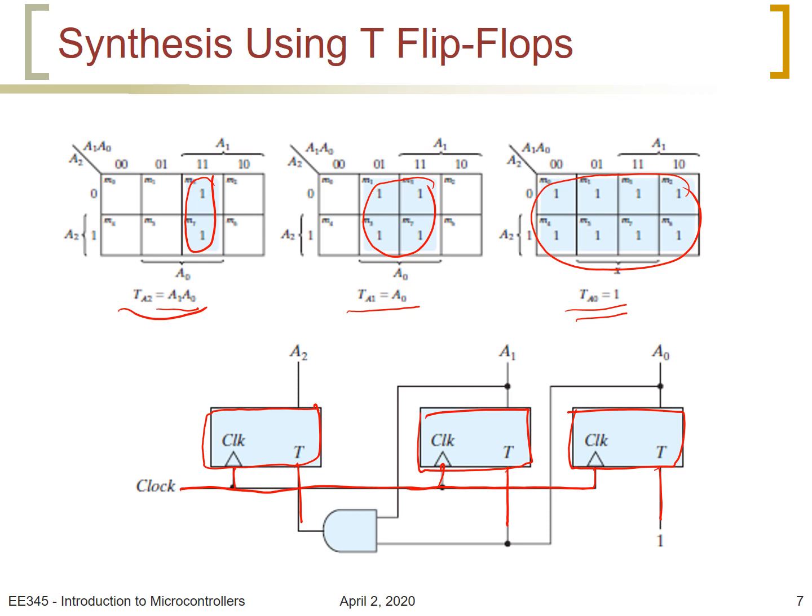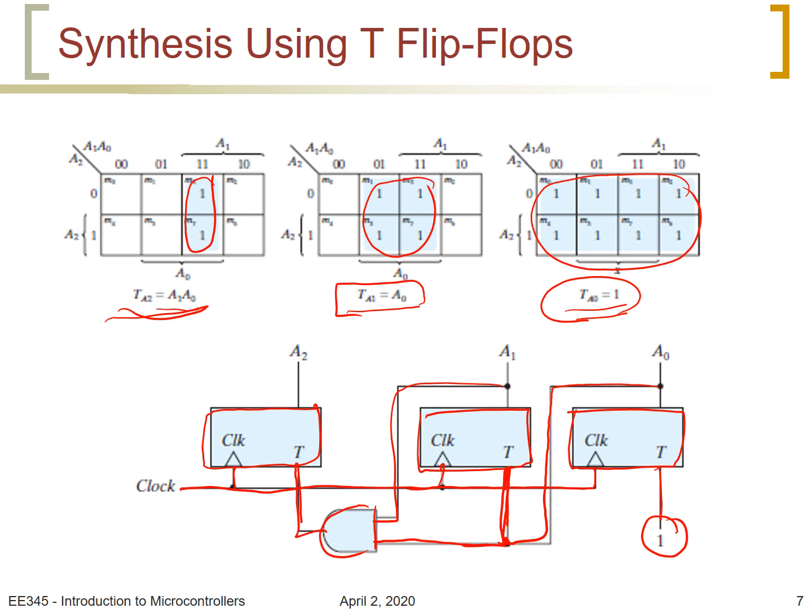Now, starting with TA0, TA0 is equal to 1, so we put 1 here. And then TA1 is equal to A0, so we bring A0 here, and this will be the input to this flip-flop. And TA2 equals A1 dot A0, so we bring A0 here and A1 here to an AND gate, and this is T of A2.